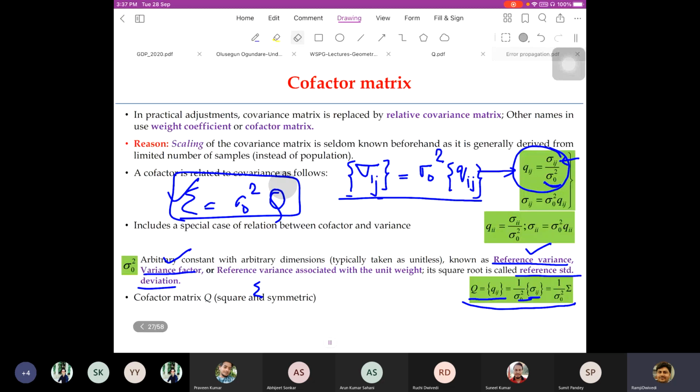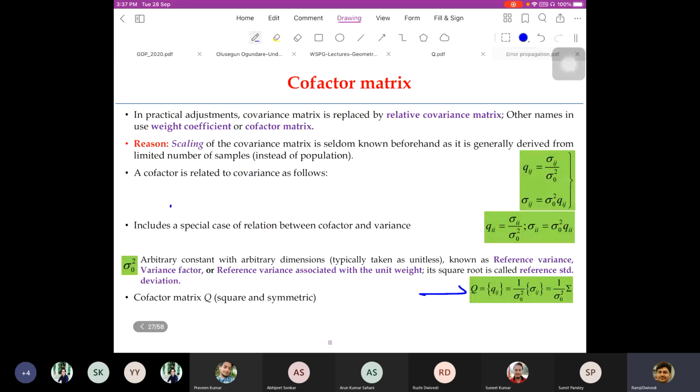So what is more important here? I'm just erasing all this. What is important to focus on here? How it is written. You understand how it is written?